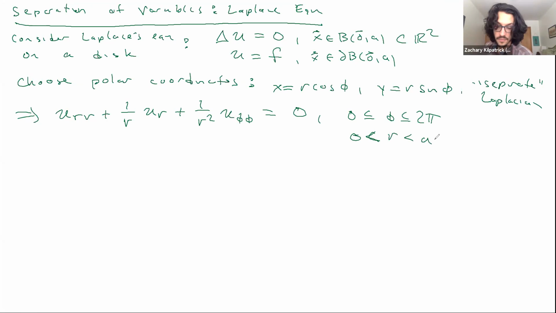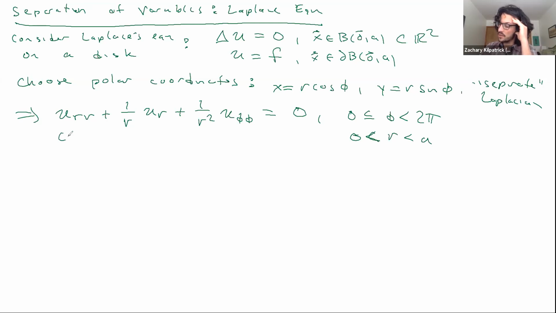Okay. All right. Let me be careful about my boundaries here. So we only want to hit that angular value at 0 or 2 pi once. Okay. And we sort of run into singularity issues at 0, so we'll leave 0 out. And then a is the boundary here.